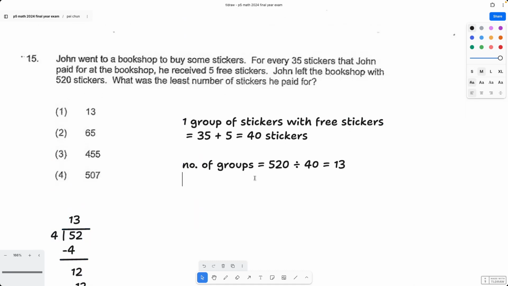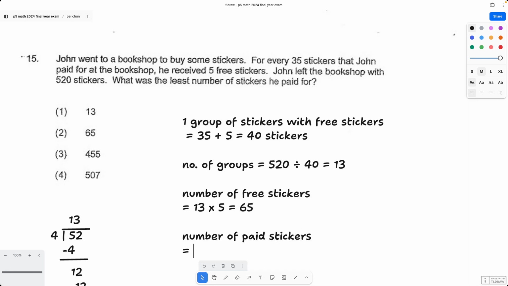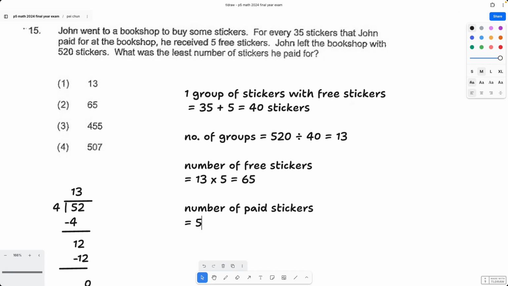The number of free stickers is 13 times 5, which is 65. So the number of paid stickers is equal to the total 520, minus 65, and this will give us 455. The answer to this is 455, which is option number 3.